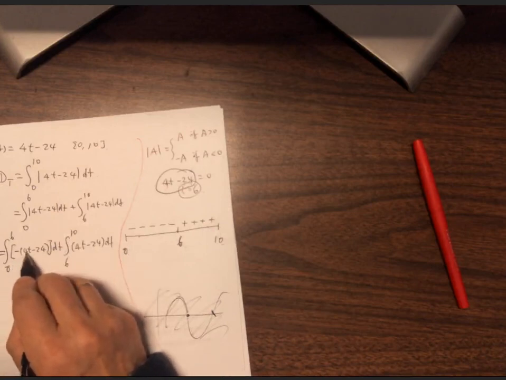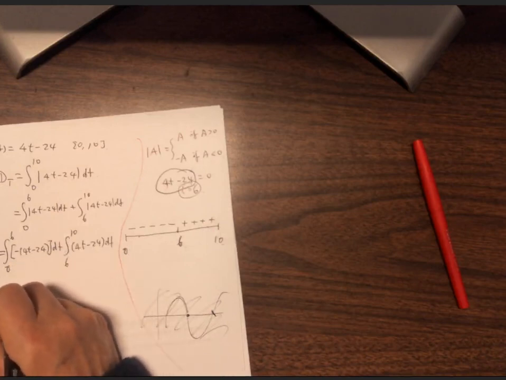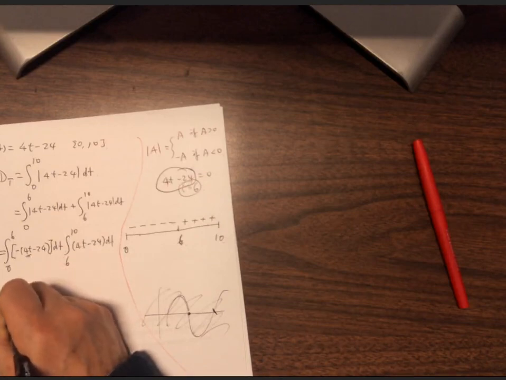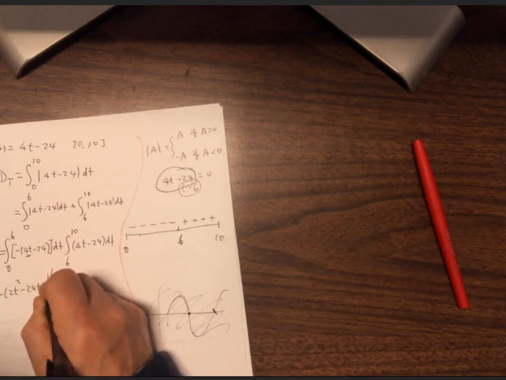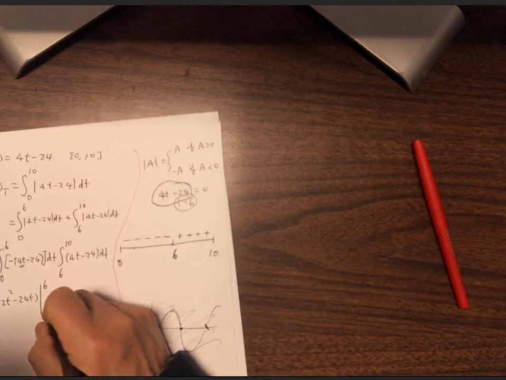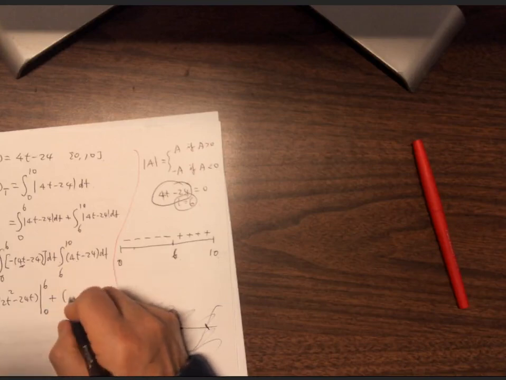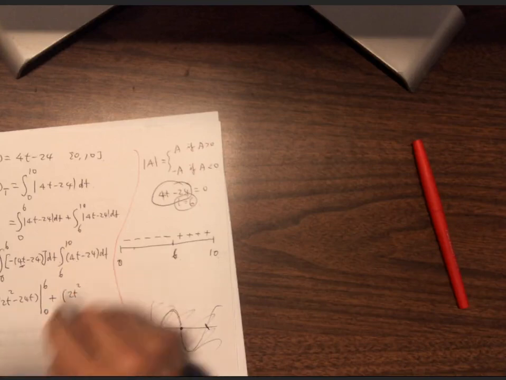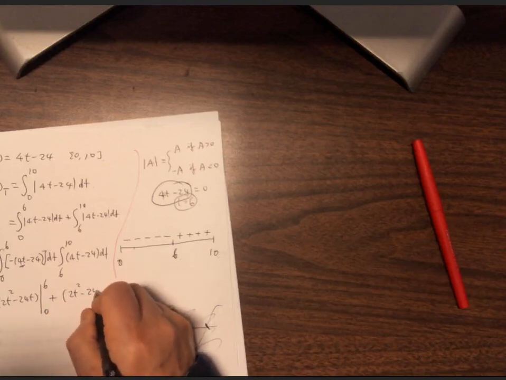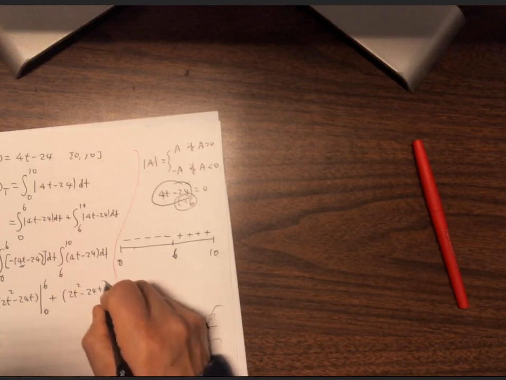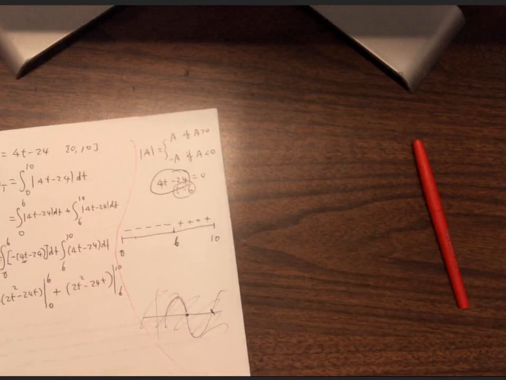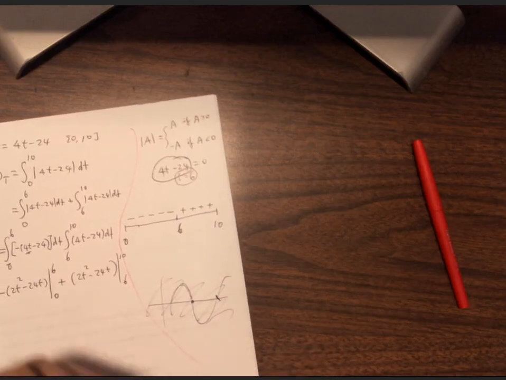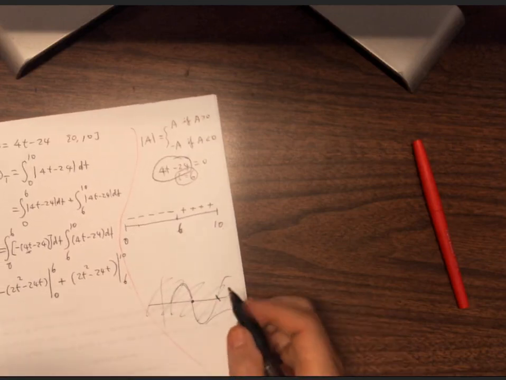The antiderivative of the first one is negative (2t squared minus 24t) from 0 to 6. The second one is 2t squared minus 24t from 6 to 10. The rest is just straightforward computation.